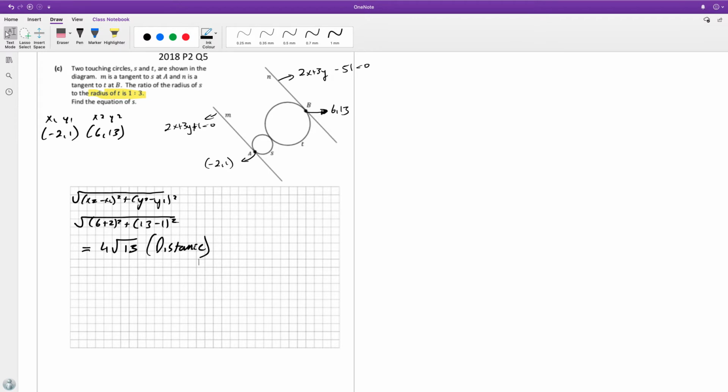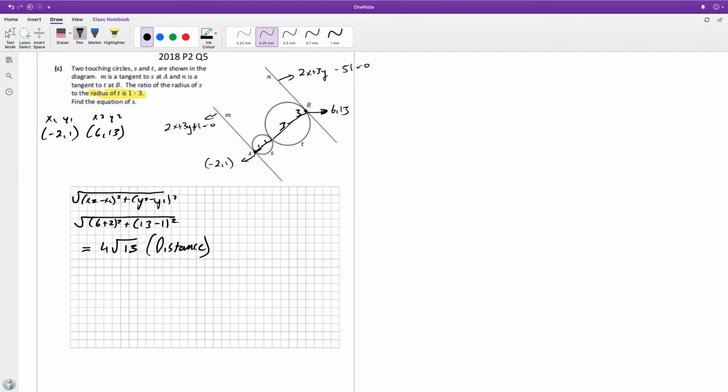It's 1 and 1, and 3 and 3. So 3 and 3 is 6, 1 and 1 is 2, and in total it's 8.